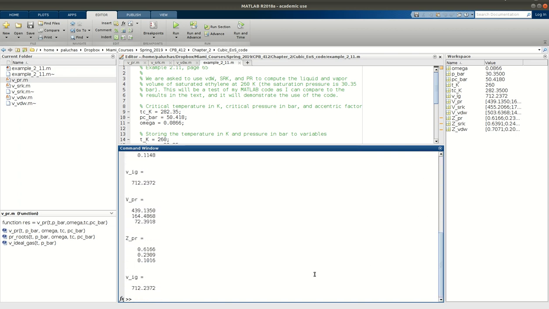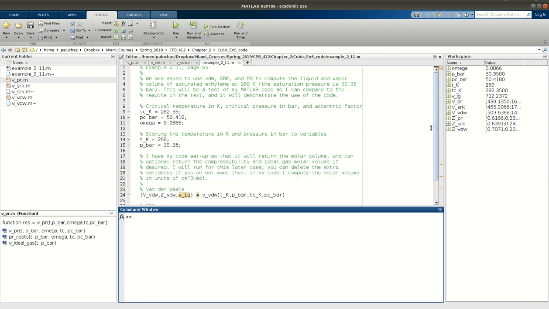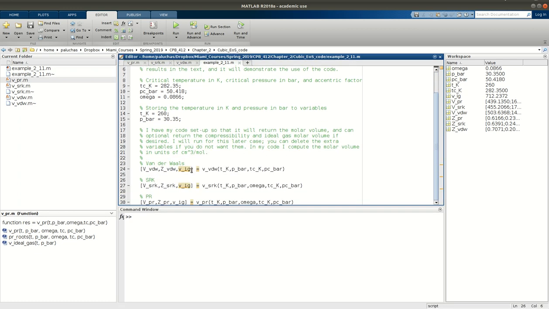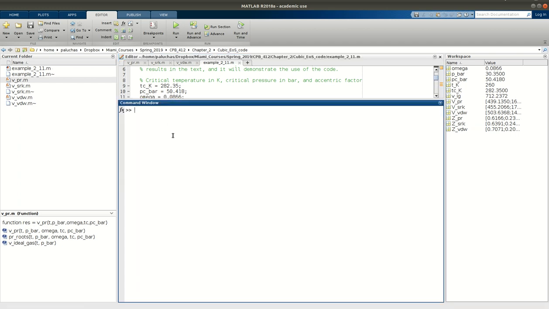I mentioned Z and V ideal gas are optional. To give you an example, if I clear my screen and go back to my script, and just type V van der Waals, V SRK, and V Peng-Robinson, then save and run again, this time it just shows me the volumes.